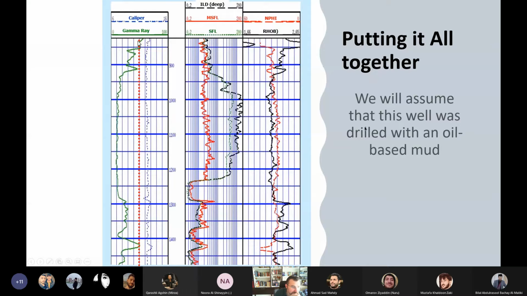We will assume that this well was drilled with an oil-based mud. Why is this important, whether we use oil-based mud or water-based mud? Any idea? Because when you describe the hydrocarbon content in your close wellbore area, if you use oil-based mud, its oil content will be involved, so you have to make corrections.